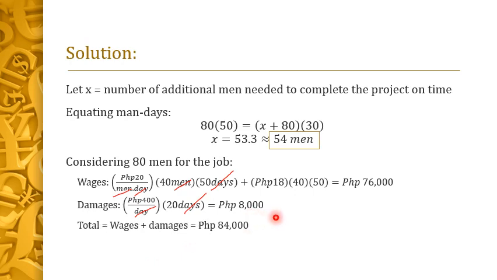The total cost is equal to wages plus damages. It is equal to 84,000 pesos. So this is the total cost if 80 men is just considered for the job.